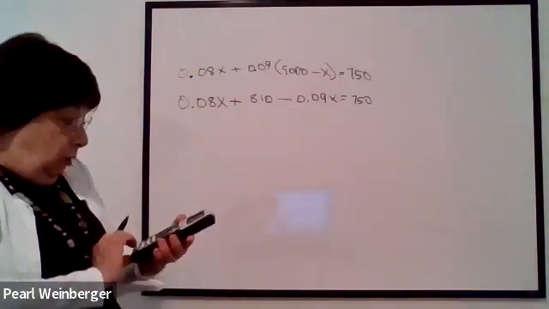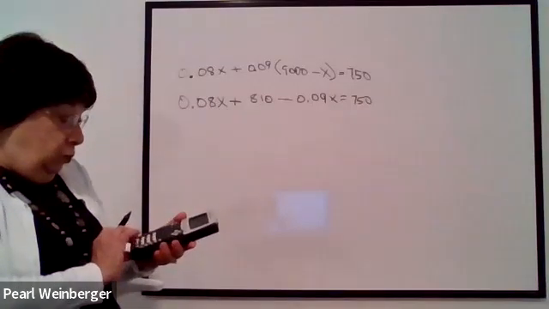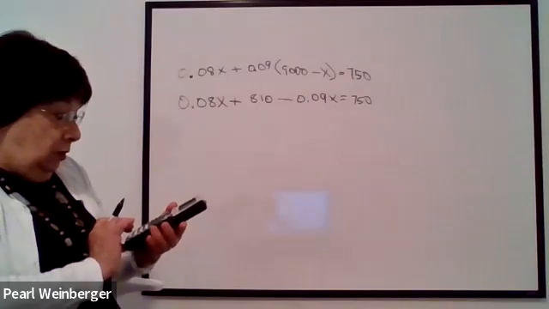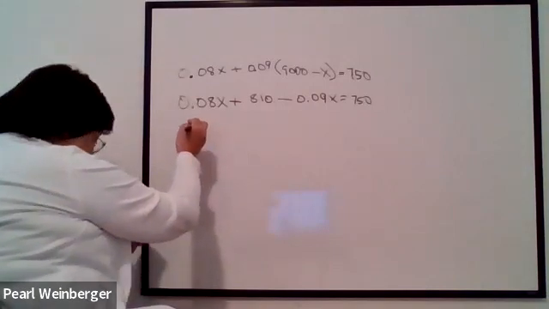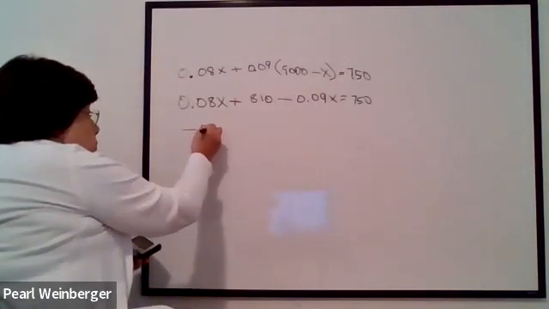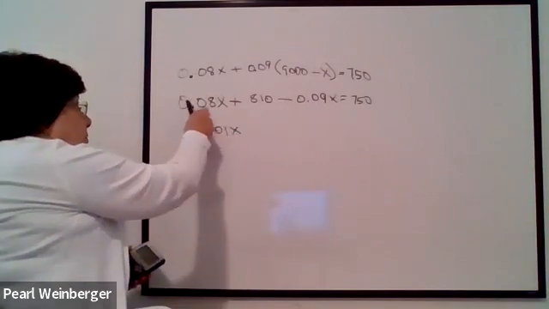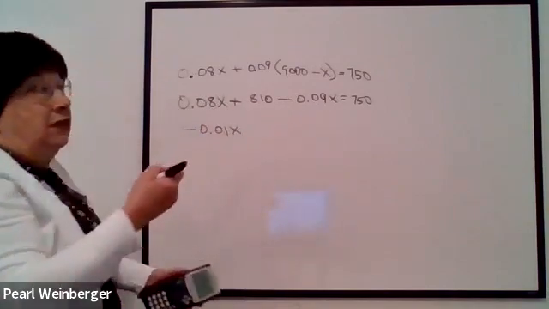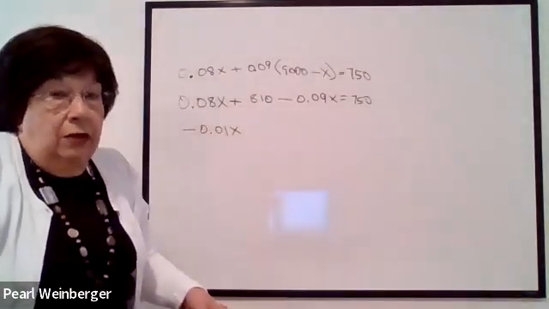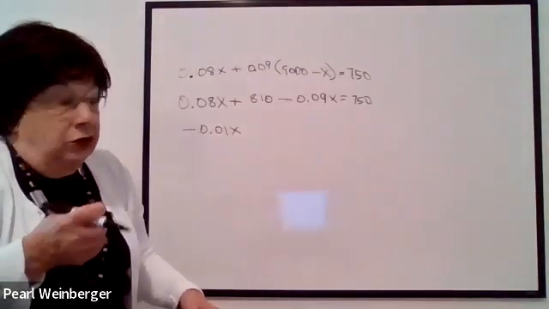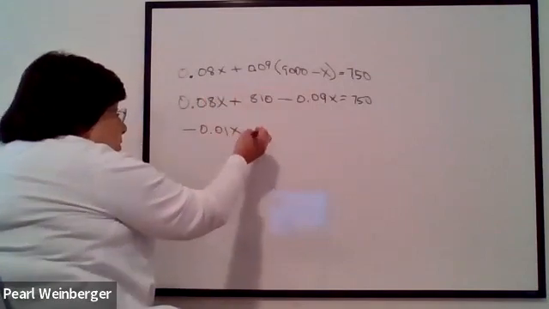So I'm going to put 0.08 minus 0.09, and it's going to give me negative 0.01x. Notice I didn't put in the x's because it's a regular scientific calculator, but I can put in the coefficients. That takes care of combining the like terms.